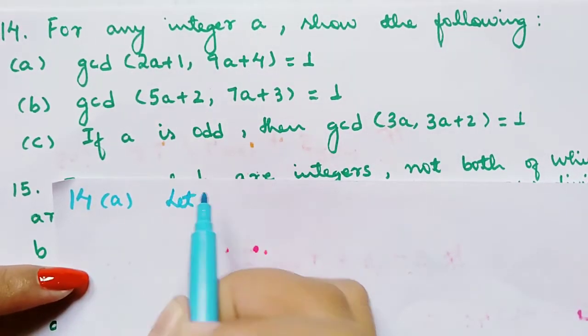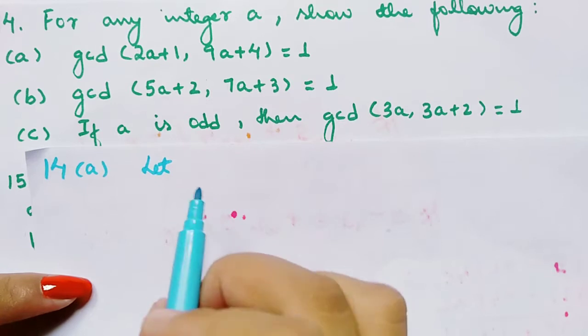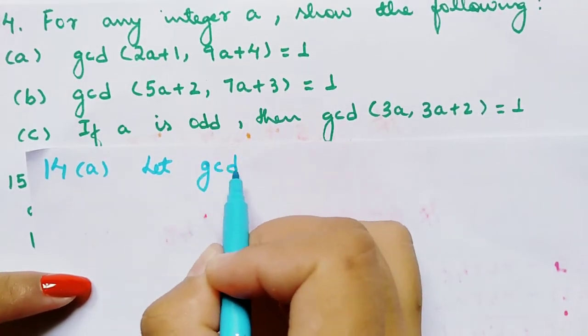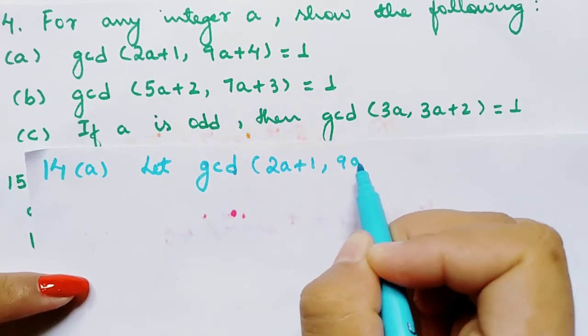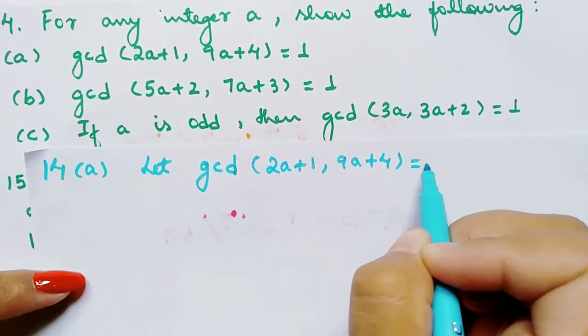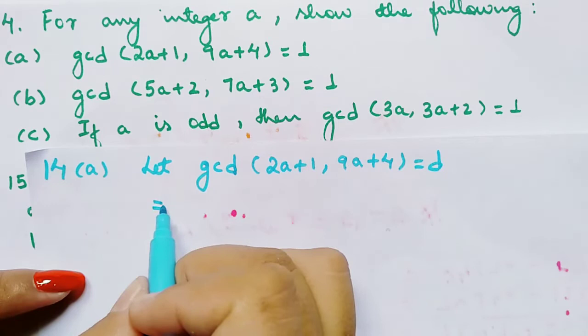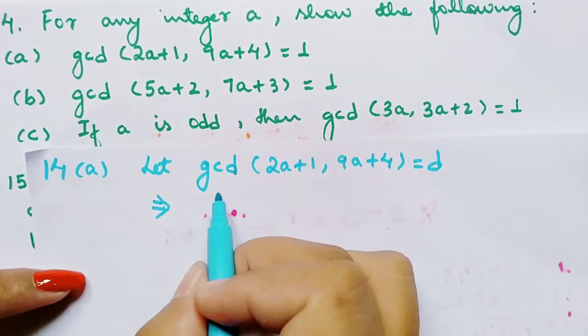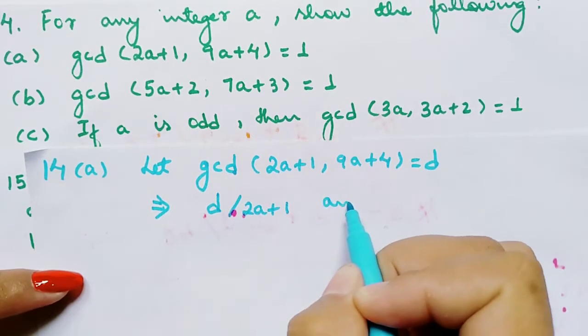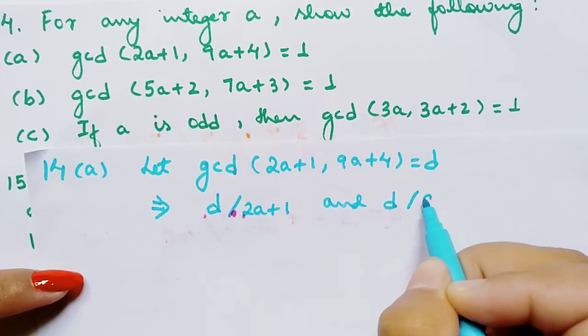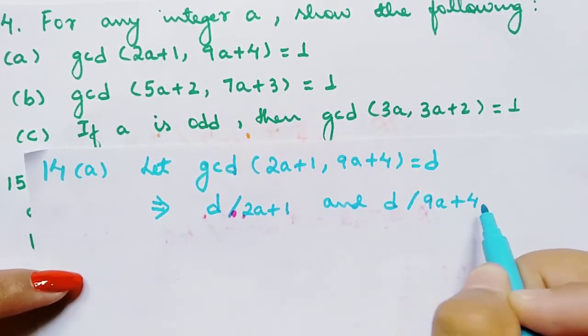let the GCD of 2a plus 1 and 9a plus 4 be D. If D is the GCD of these two, then D divides both 2a plus 1 and 9a plus 4.